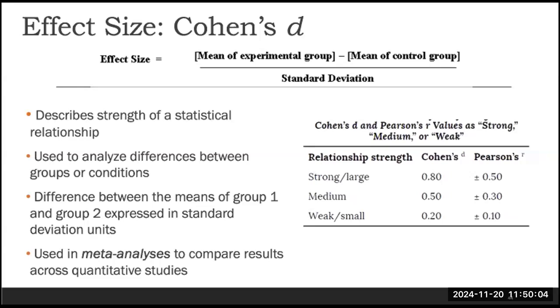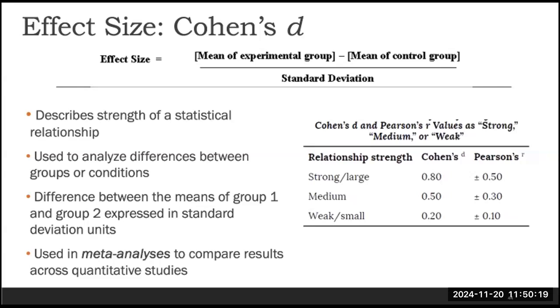A meta-analysis is a type of research report that looks at a wide variety of different studies on the same topic to get a sense of how strong this variable is, how effective it really is.